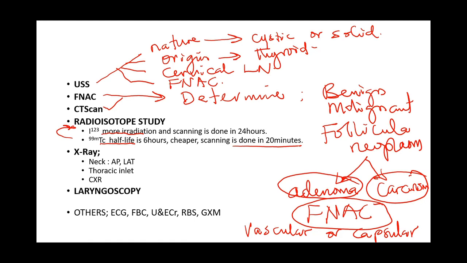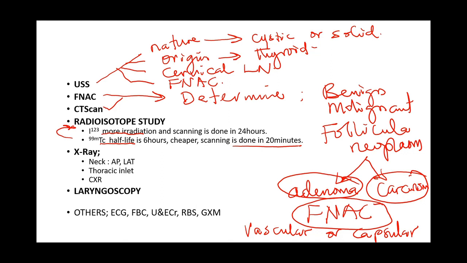So you get your reports in a shorter period. But for radioisotope iodine, when you administer the drug, the scanning is done in 24 hours and it has a longer half-life of up to 48 hours. So you see the patients have to be isolated for the duration of the half-life because of the emission of radiation.